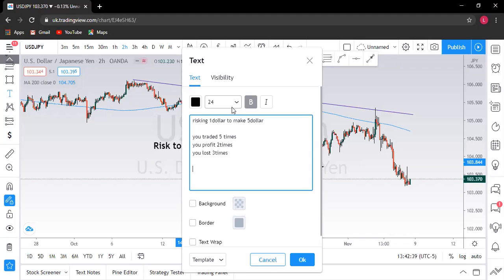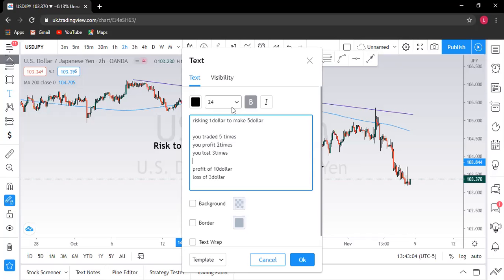Net profit of what? Profit of $10, and loss of what? Loss of $3, because you lost 3 trades, and each time you lose a trade, it's just $1 that you are losing.